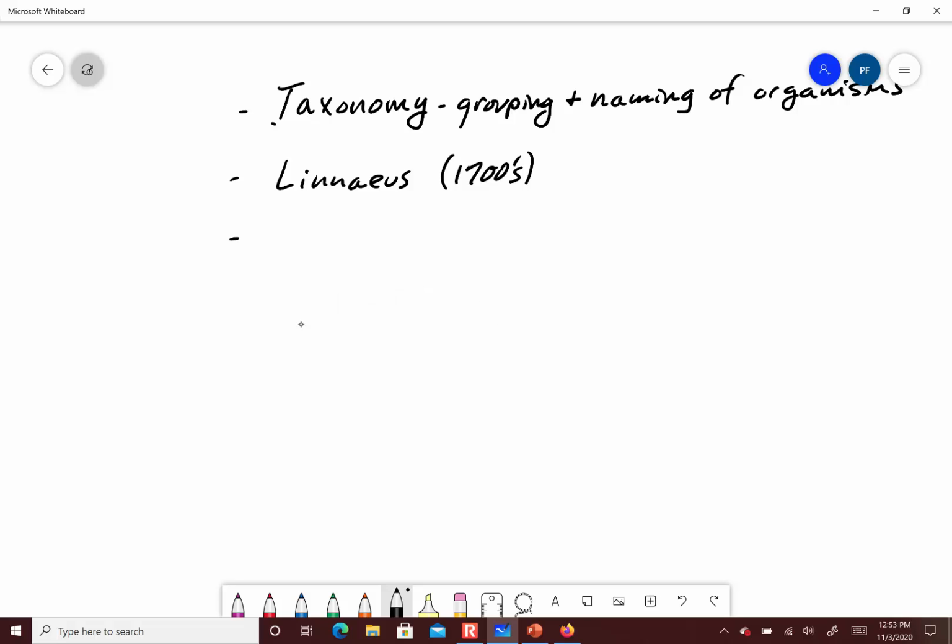And what I'm going to show you is a normal systematic way of putting things in categories. It's called the taxonomic hierarchy. So there's this hierarchy of categories that we use, and we can put organisms into those categories to keep straight their relationship with other organisms and how we're going to name them.